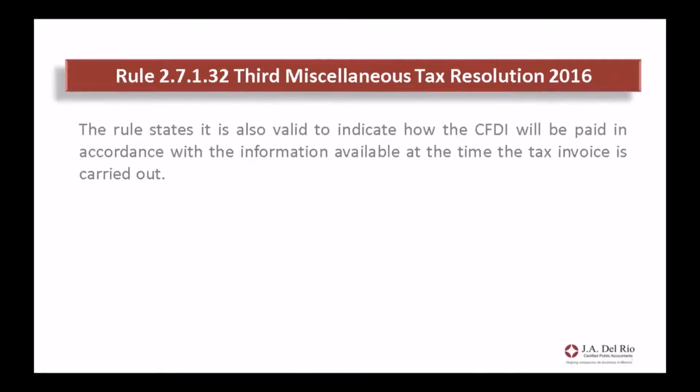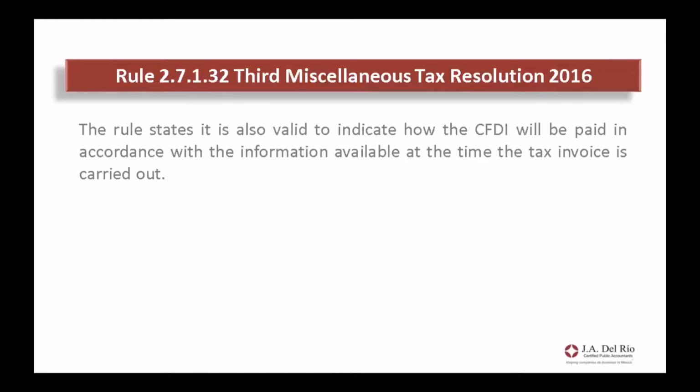So to continue with this rule, it states that it's also valid to indicate how the CFDI or invoice will be paid in accordance with the information available at the moment that the tax invoice is carried out.